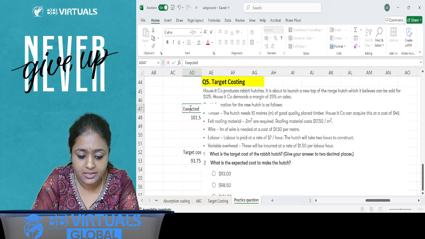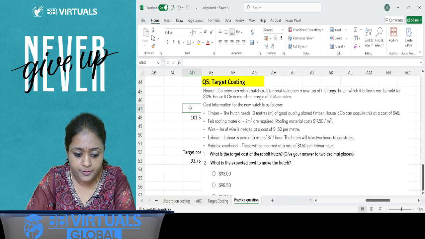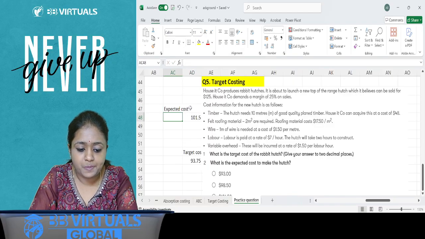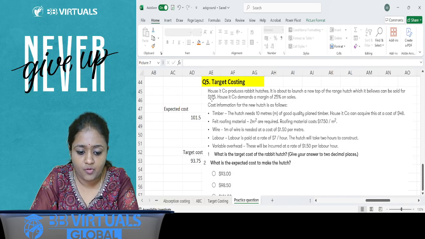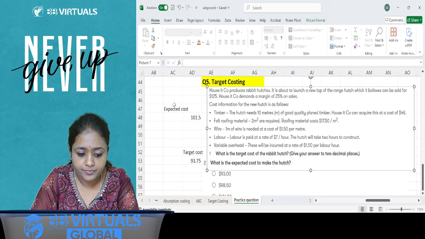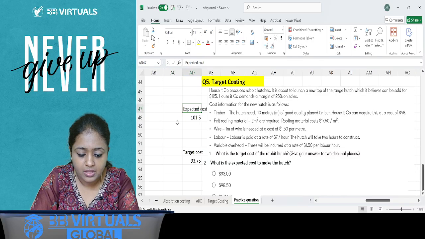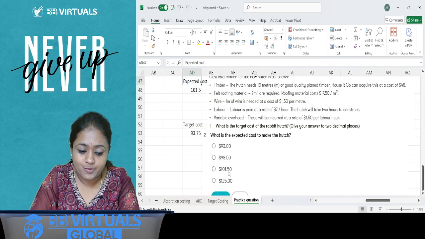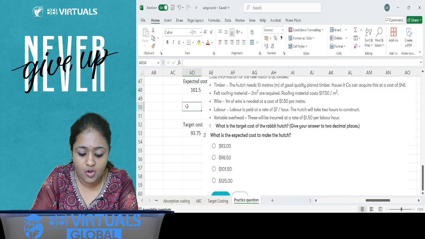Let's see if it is there in the options or not. So expected cost is 101.5. We have this here as an option, so we got this correct. Expected cost, target cost. Now what is the cost gap?